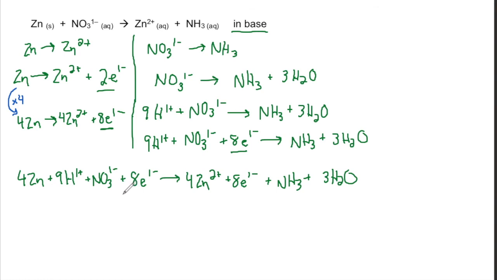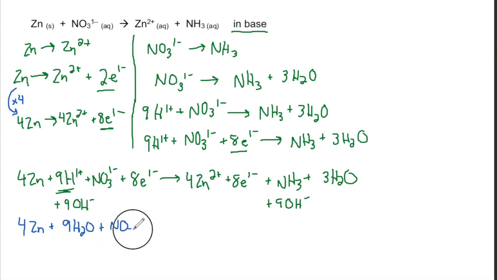If the reaction is in base, we need to add hydroxide to both sides because hydrogen ions do not exist in base. So we're going to go ahead and add 9 hydroxide ions to both sides of this equation. And when we add 9 hydroxide to 9 hydrogen, we get 9 waters. So here we have 4 zinc, 9 waters, a nitrate.